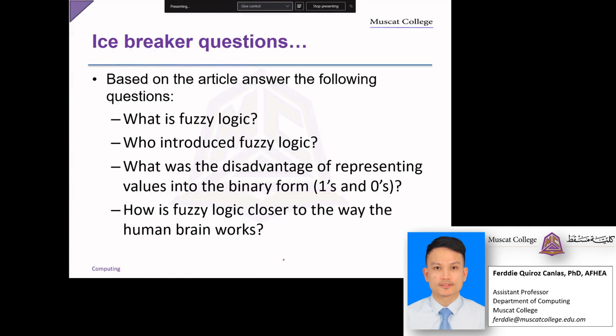So I have an article to give you, but this time we cannot read it because we are not in the classroom. I won't be able to give you this to read, but maybe after this discussion I'll give the article to you, and I want you to read it and try to answer these questions I posted in this PowerPoint, and you can tell me the answers later on.